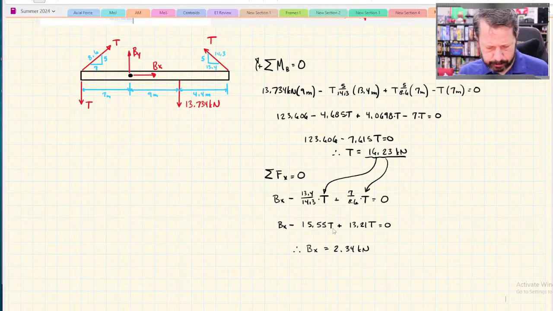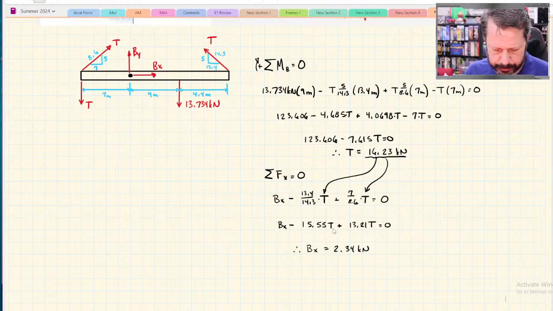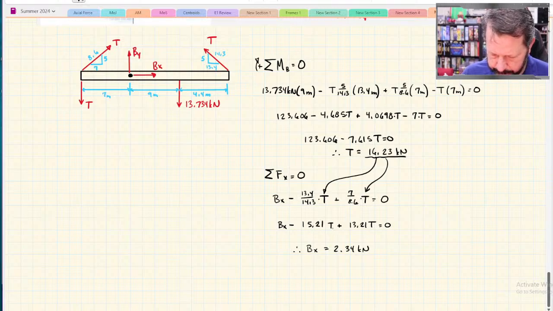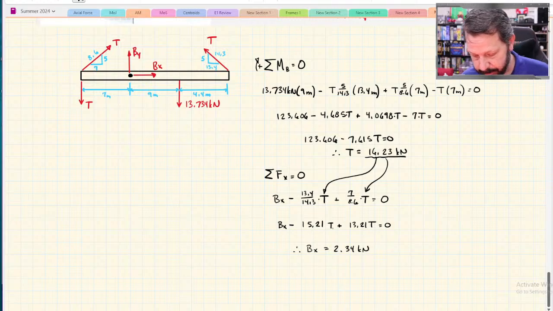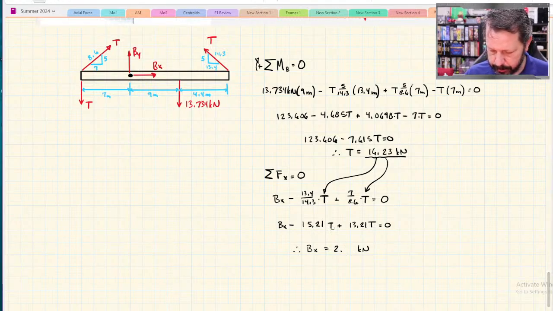Oh, I did too. Huh. I don't know how I put some number in wrong. So yeah, it's right there. So a combination of rounding and somewhere in that area I typed something wrong in the calculator. And so this comes out to be basically 2 kilonewtons.